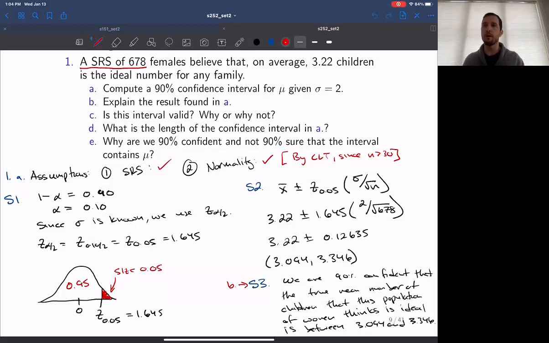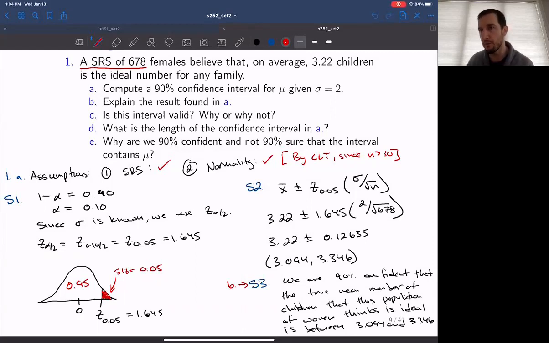Given that what we are measuring here is the ideal number of children in a family, I would expect this distribution to be quite right skewed, because most people are probably going to submit an answer between 1 to 3 children, and then you're going to have fewer families submitting answers of 4, 5, 6, or 7 children. So this is going to create a skewness within the population.